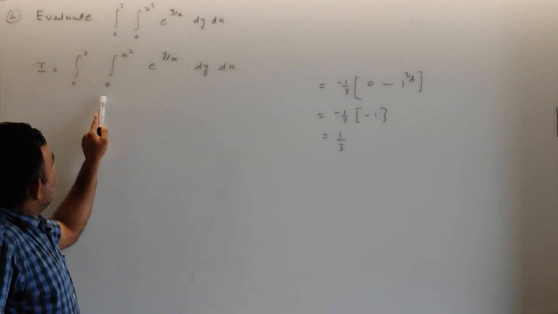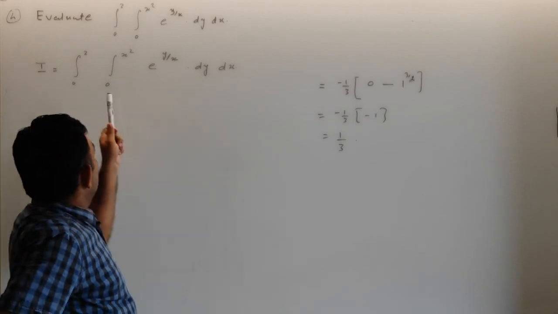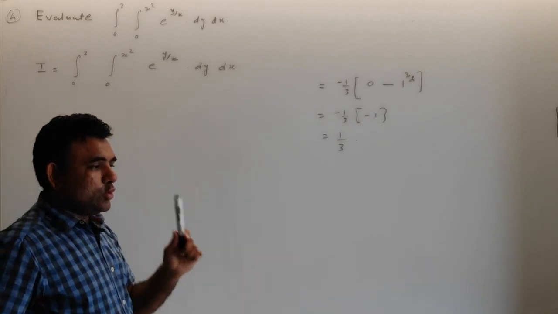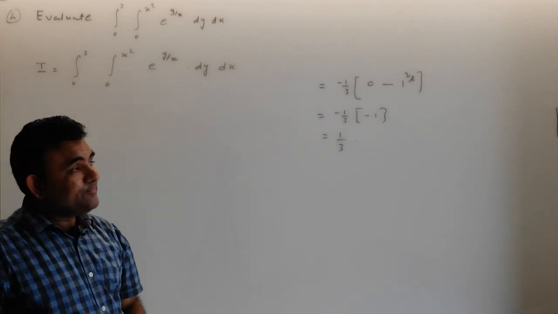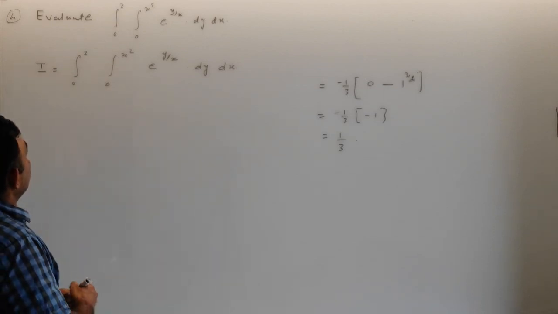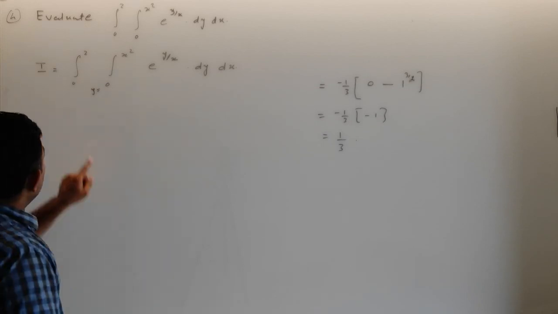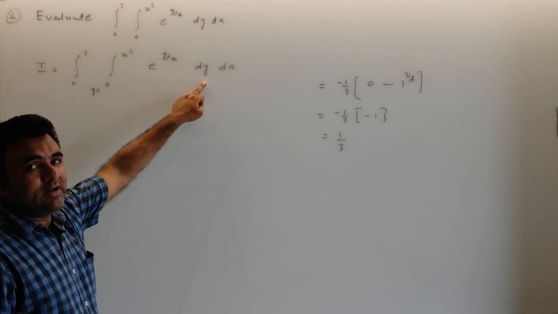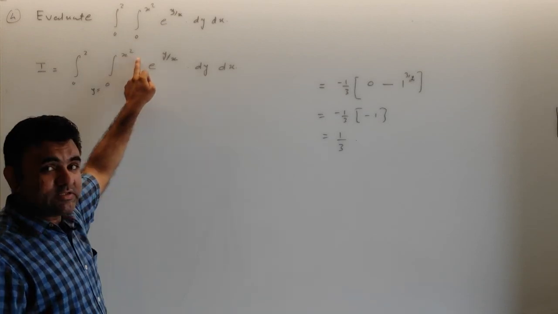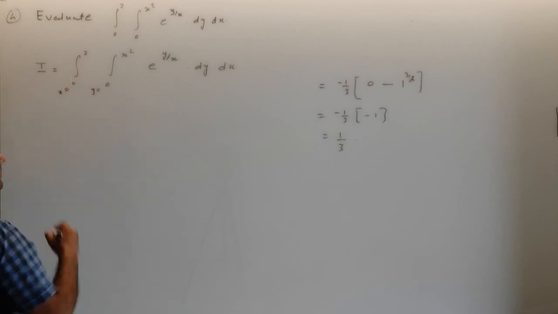So you can see here this limit is a variable limit and it is a function of x. 0 is a function of x, we can consider constant as a function of x, and x square is a function of x. So this limit will be a limit of y, and we have two variables, so now limits of y are decided, it is 0 to x square, so the remaining limit will be of x.